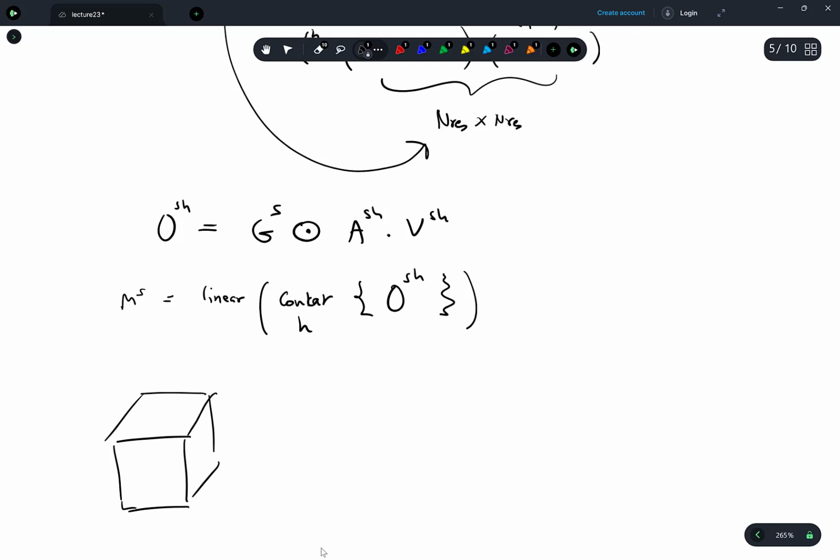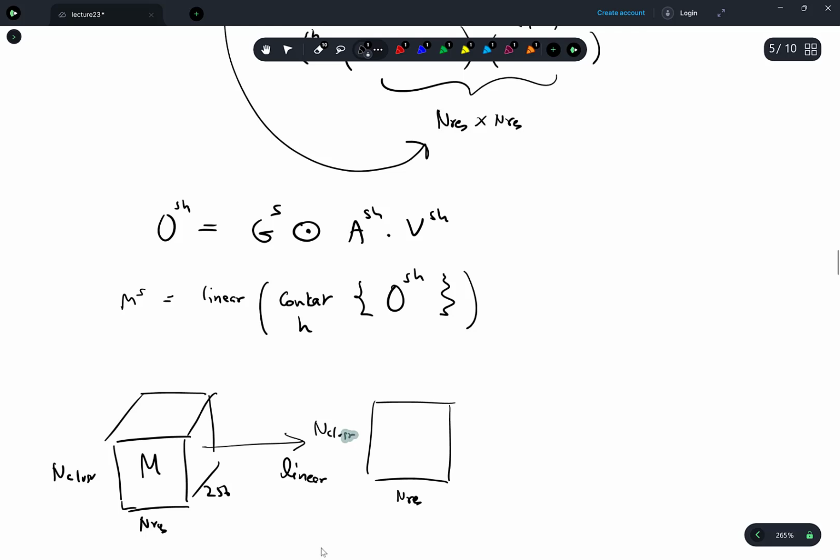So this is nclust by nres by 256. So this is your complete M matrix, not even restricted to a specific S. You take this first, you do a linear, and I get an nclust by nres matrix. Actually, technically, this should just be a vector. I'll explain why.